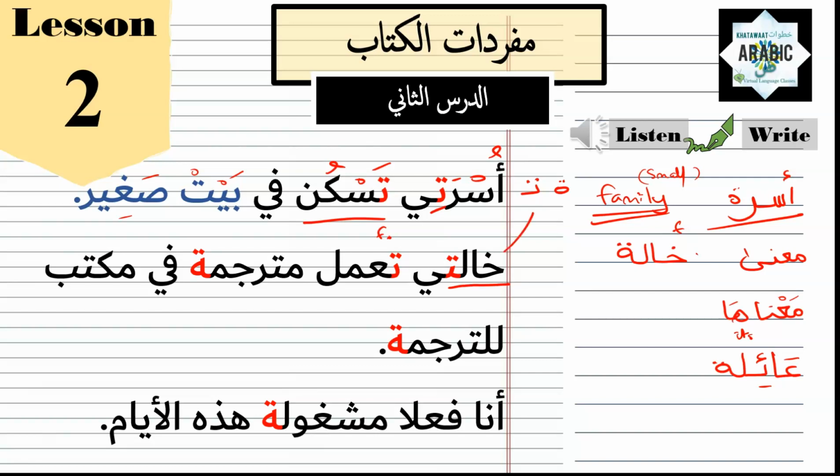So when I change it to my aunt, this is maternal aunt. And I'll just refer to this again here as meaning and its meaning, so you can keep it in your notes. And عائلة is a larger family. So خالة is maternal aunt. هي تعمل. She works.